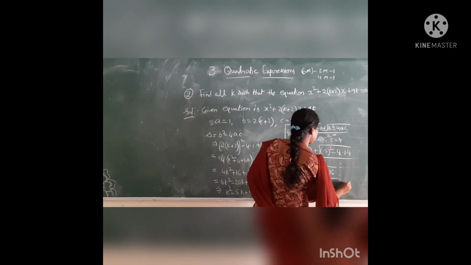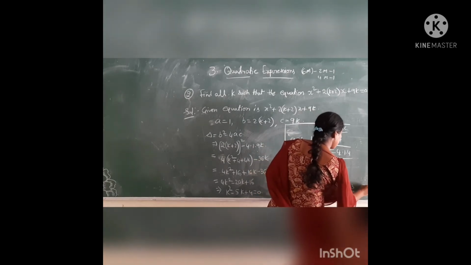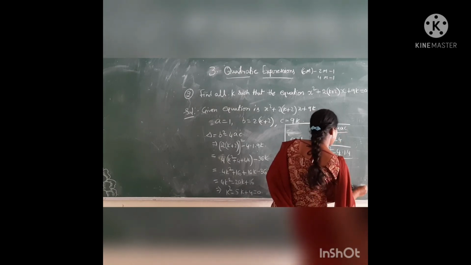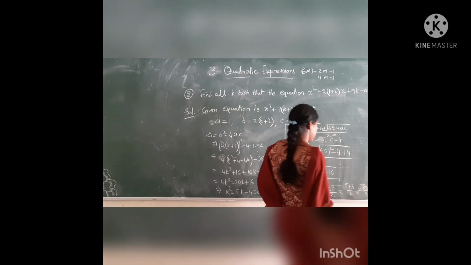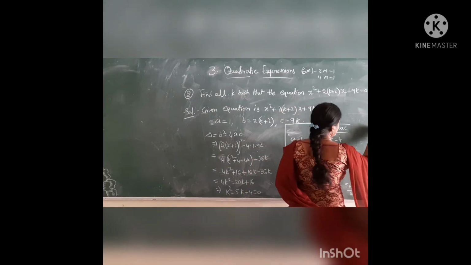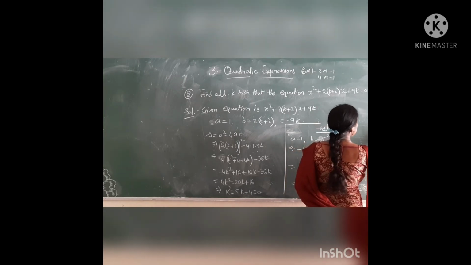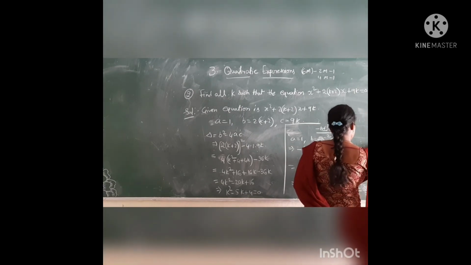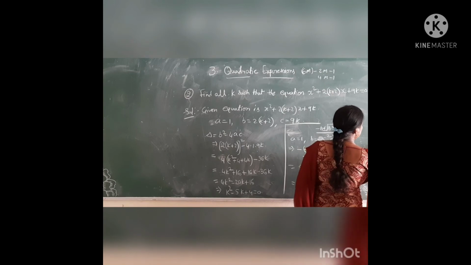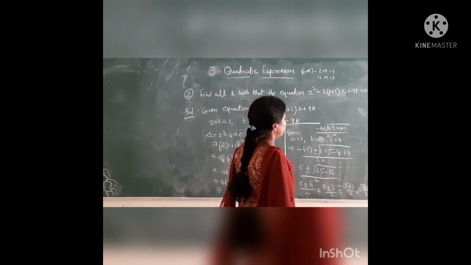That is equal to 5 plus 3 by 2 and 5 minus 3 by 2. 5 plus 3 gives 8 by 2 is equal to 4, and another one, 5 minus 3 by 2 is equal to 2 by 2, that is equal to 1. Therefore k is equal to 4 and 1. So therefore the roots of the equation are 4 and 1.